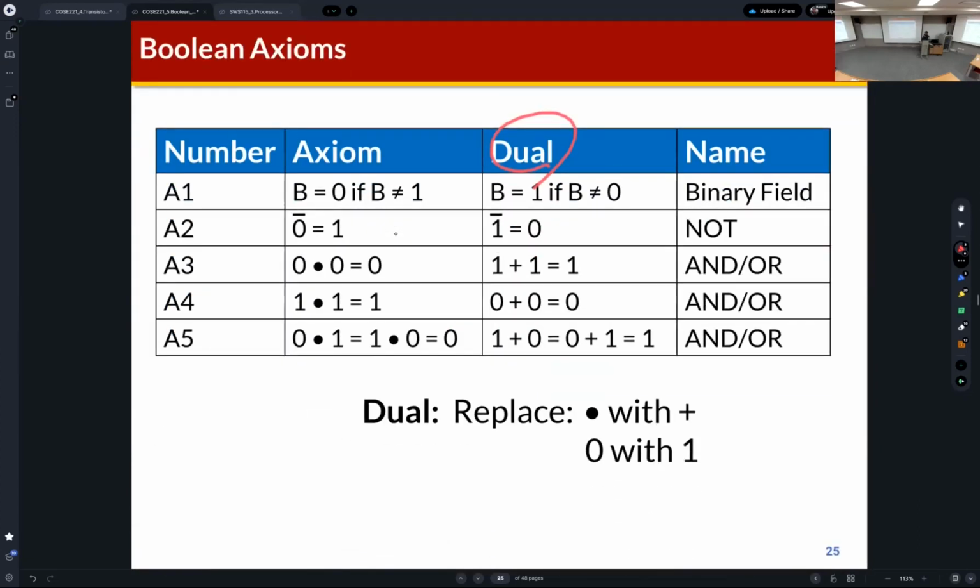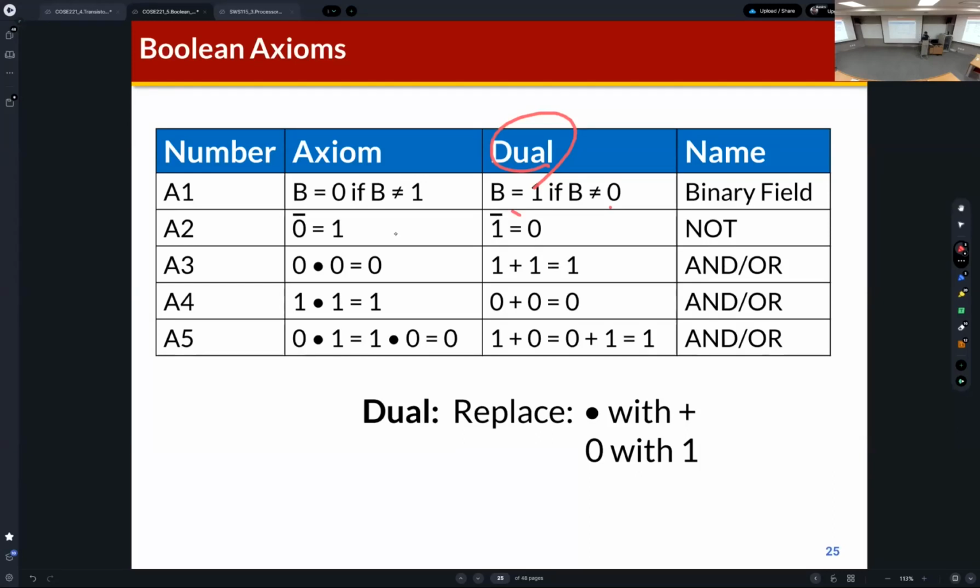Okay, let's see the dual of these axioms. It's also obvious, right? If p is 1, it's not 0. The definition of NOT also defines the properties of the OR operation. 1 or 1, 1 plus 1 equals 1. Which means 1 or 1 equals 1, right? And then 0 or 0 equals 0.